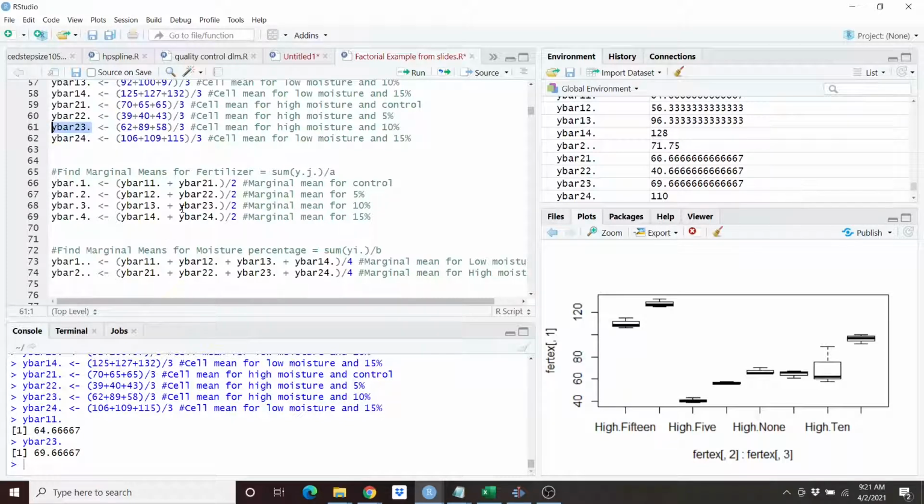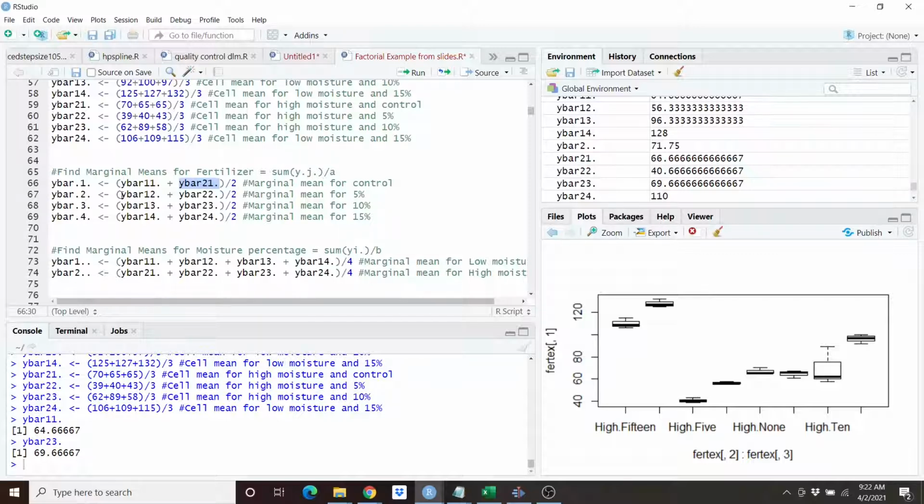After this, I need to find my marginal means. Now, I've got two sets of marginal means because I'm going to have marginal means for my fertilizer and I'm going to have marginal means for my moisture percentage. Marginal means for the fertilizer is going to be the sum of the yi dot j dot divided by levels of A. In other words, I'm going to take my cell mean for low and control and add to it the cell mean for high and control.